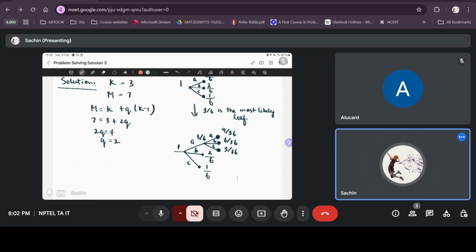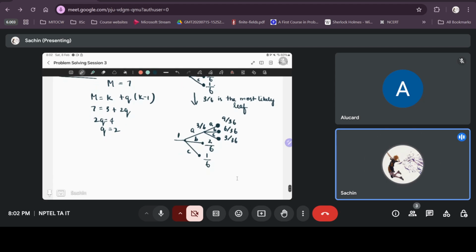Now, since Q is 2, we have to do this process twice. We have already done it once. Now one more time, we have to extend the most likely leaf.